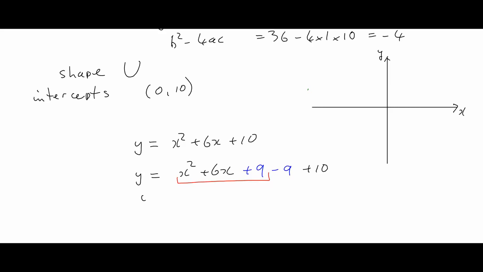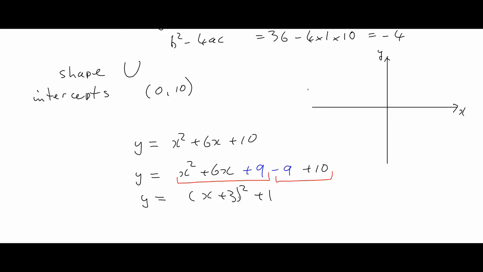And the reason for doing that, of course, is that that bit there becomes a perfect square. So y equals x plus 3 squared, and then we have the other bit here, minus 9 plus 10, which is plus 1. So y equals x plus 3 squared plus 1. Now, as this is a square, this x plus 3 squared is always positive.